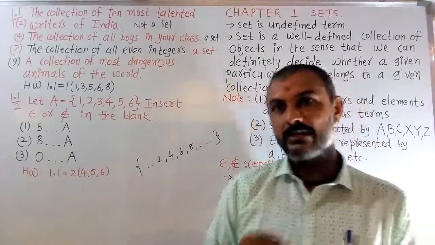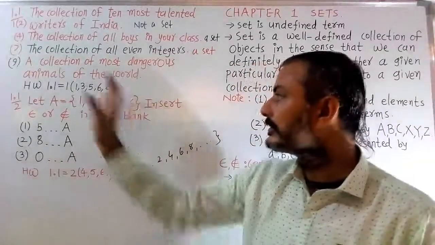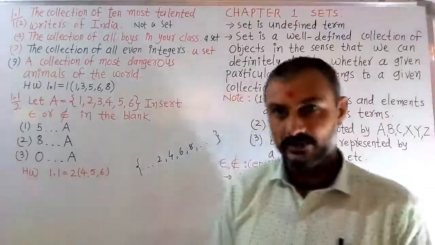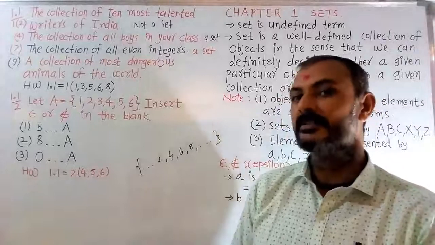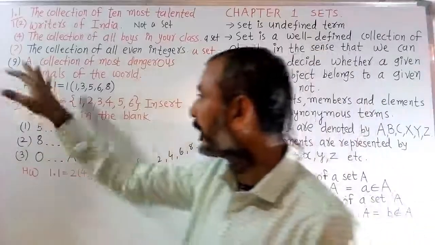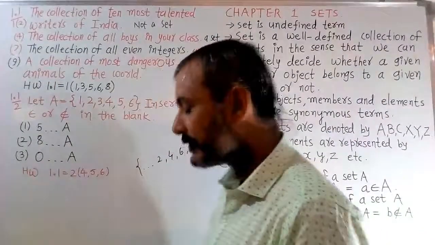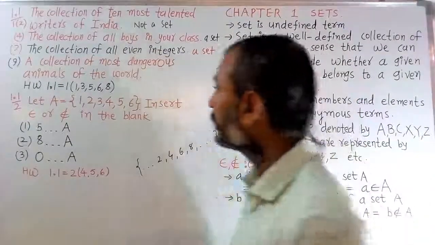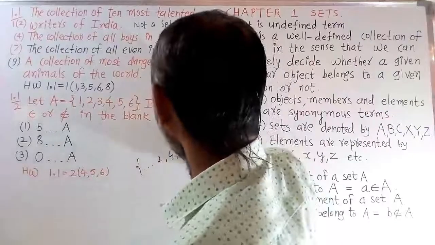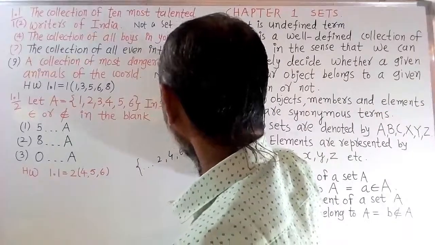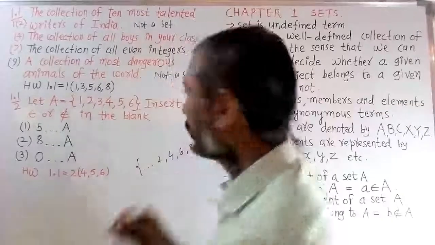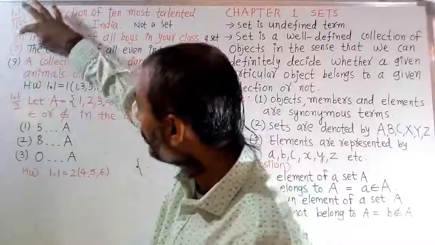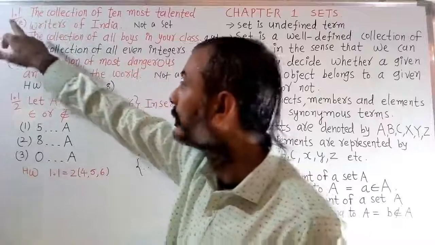So when I write the collection of most dangerous animals, it may be different from your collection. So this is not well defined, it may vary from person to person. That's why it is not a set. Okay, so we see second, fourth, 7 and 9.